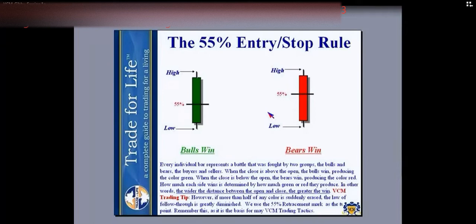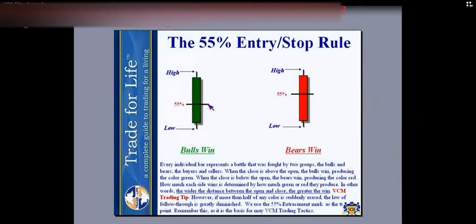Now, the way you gauge if they maintain control is the 55%, a little over half. Whenever you have a solid bar, the people that created that bar, to show they are still in control, to show they are still the ones with the power, need to maintain at least 55% of their most recently completed bar.